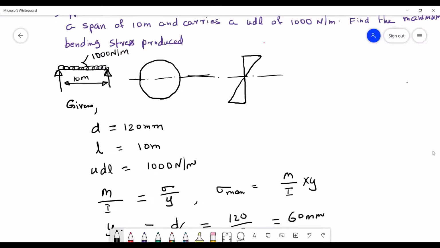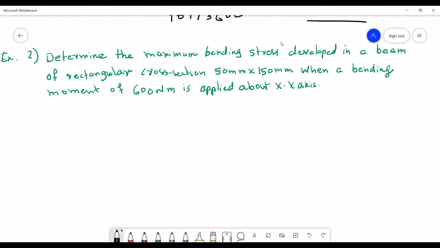Above is sigma c, so we have here sigma c as 73.68 Newton per millimeter square, and this is sigma t, and that is also 73.68 Newton per millimeter square.